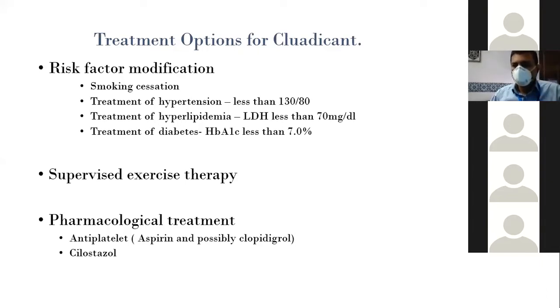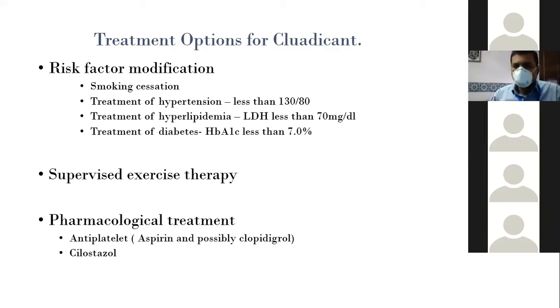The point about cholesterol is, we treat everyone with a total cholesterol of greater than 3 millimoles because of the plaque stabilizing properties rather than actually lowering the cholesterol per se. But if they've got a total cholesterol less than 3, then we don't put them on a statin unless there's a specific indication.